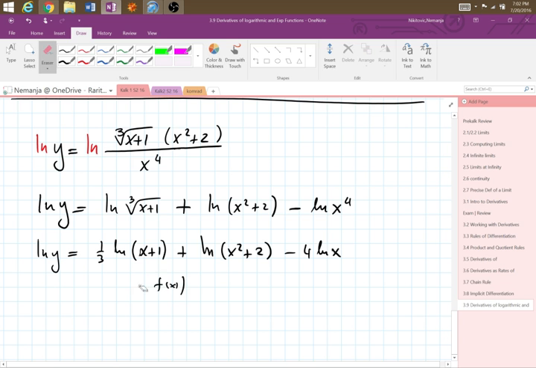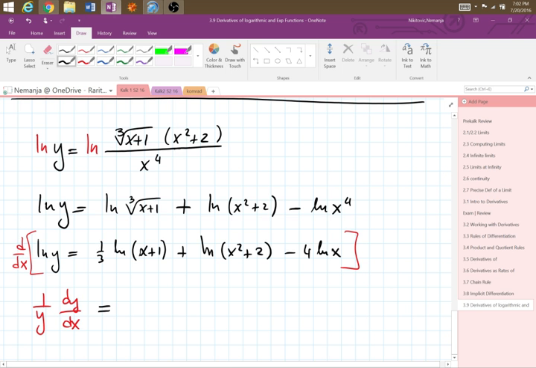Nothing. So it is at this time where we differentiate everywhere, and note the implicit differentiation on the left. Derivative of ln y is 1 over y dy dx. And then we have the rest.